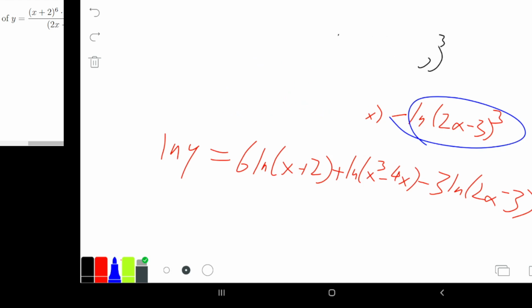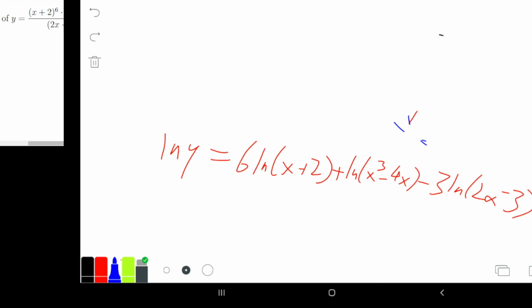So in each case, this ln of x plus 2, the derivative will be the derivative of x plus 2 divided by x plus 2. The derivative of x plus 2 is just 1, times 6, don't forget that. Divided by x plus 2, we'll have 6 over x plus 2.